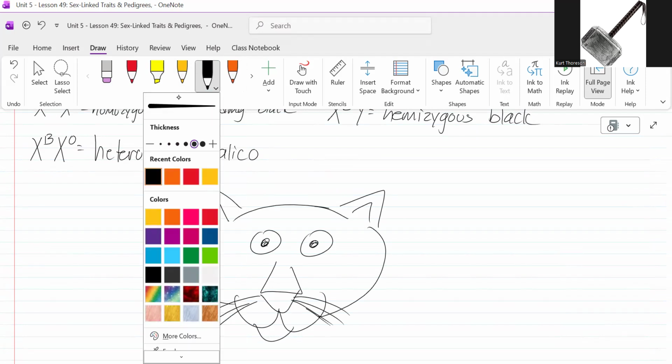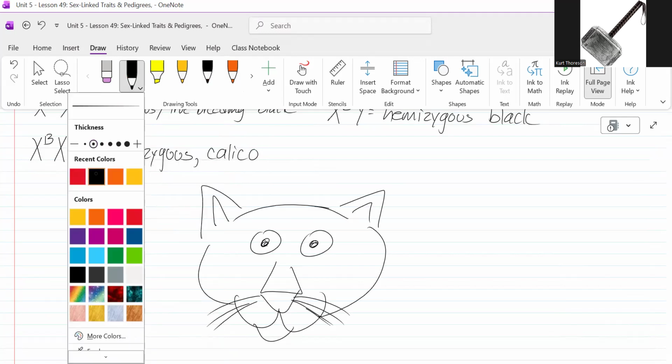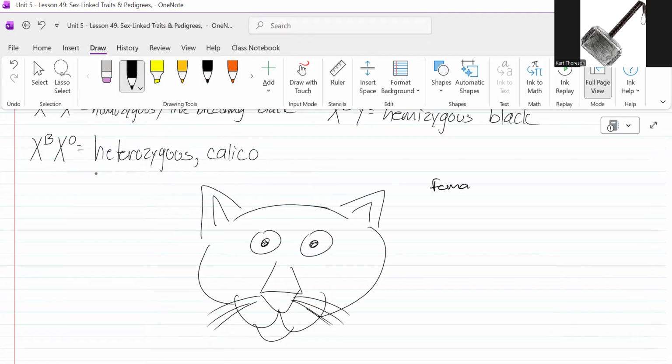This cat is a female cat. I think I can make that very clear. This is a female. There are two X's in every somatic cell. But one of those X's is shut down. It is a bar body. It is methylated.